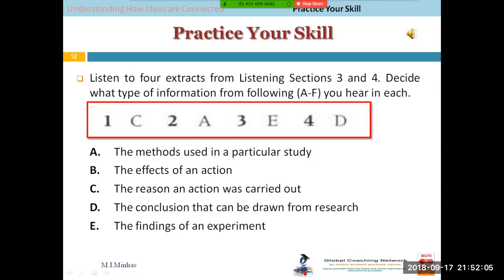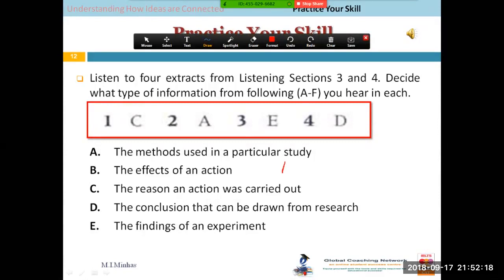Then in number 3, there are three steps, right? Let me show you. There are 3 steps. One is generally results. I described this even in reading. One thing is results of a study. Then there are some findings.